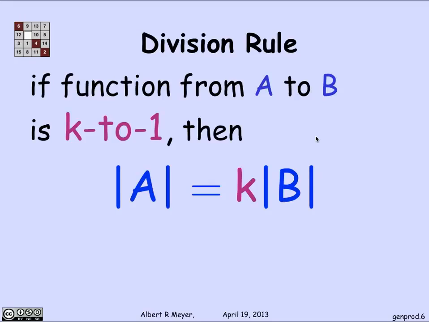Another way to say it is that there are exactly K arrows into every element of B. So then the number of arrows is simply K times the size of B, and if you have a total function on A, the number of arrows is equal to the size of A, and that's where we get the formula.